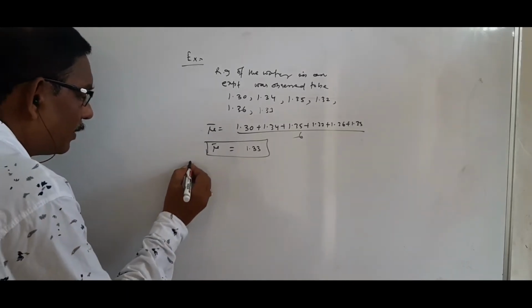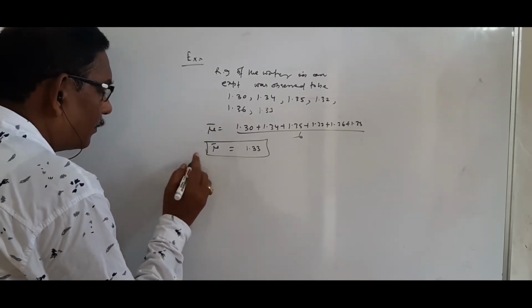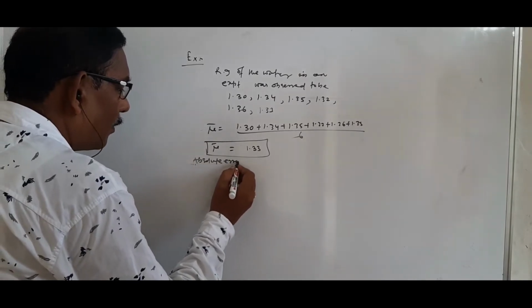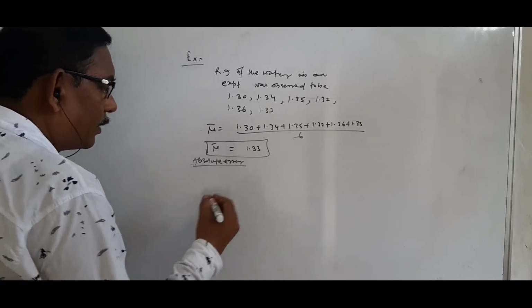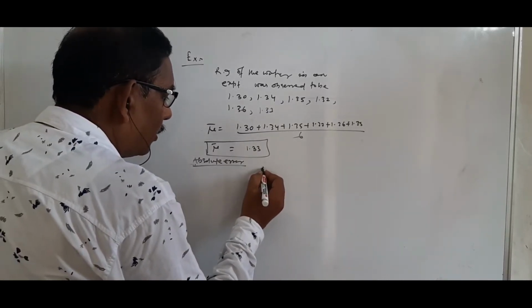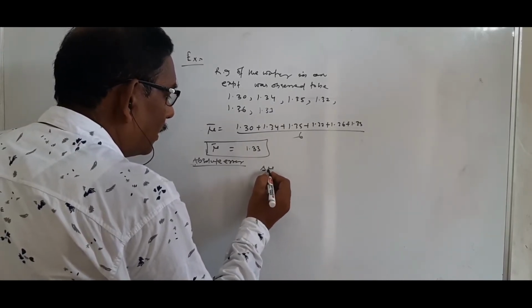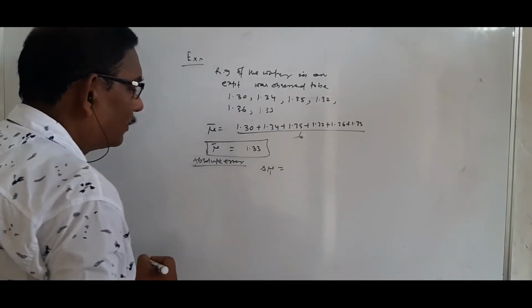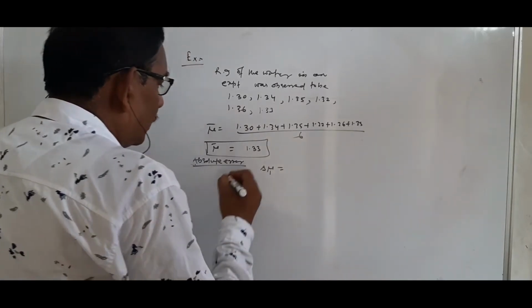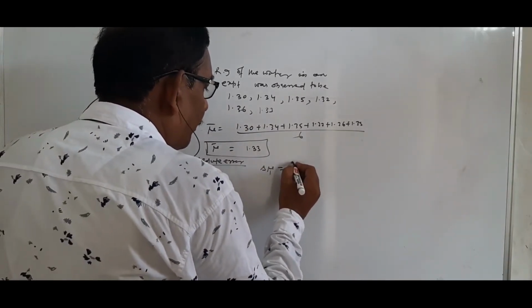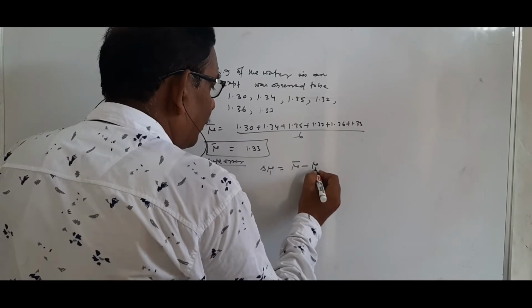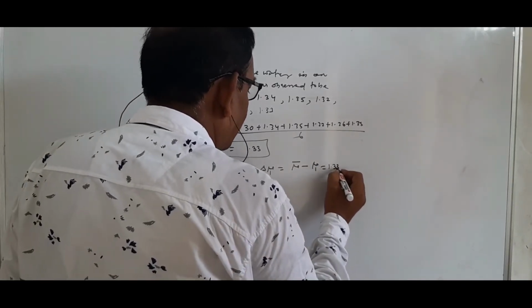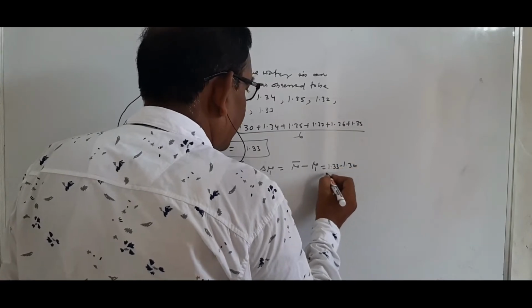Now, absolute error. How to calculate? First one is your delta mu 1, mu bar minus mu 1, it is 1.33 minus 1.30.